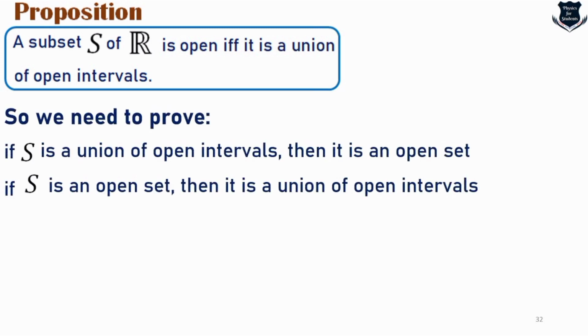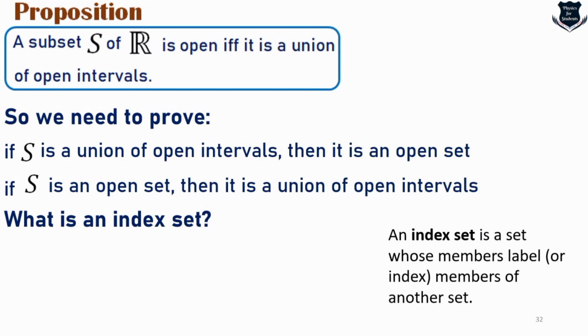So what we need to prove is this: if S is a union of open intervals, then it is an open set, and if S is an open set, then it is a union of open intervals. Before I go ahead, I know that you already know, but just to give you a quick glimpse of what an index set is. An index set is a set whose members label or index members of another set.